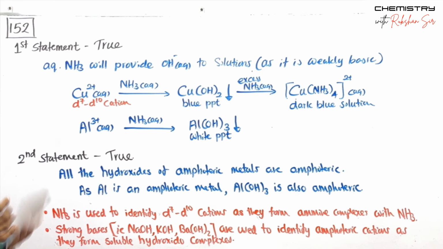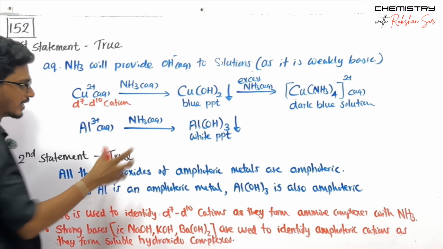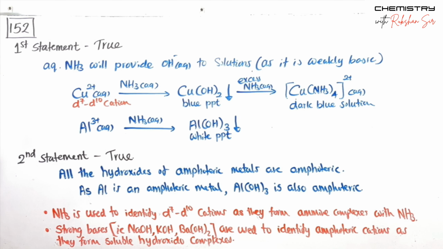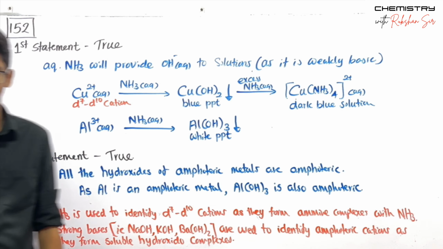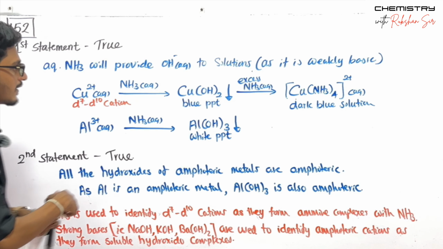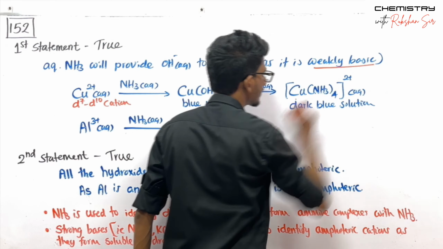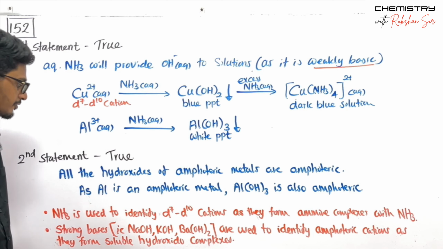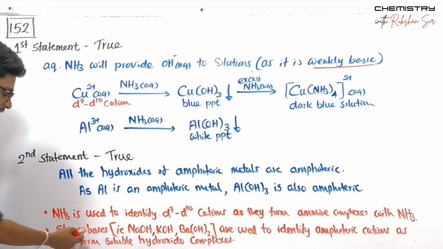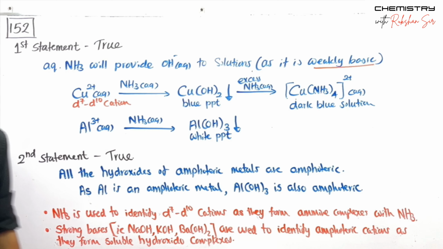So the amphoteric nature can't be identified with the use of NH3. The amphoteric nature can be identified with the use of a strong base, not a weak base like NH3. This is weakly basic, so it is not able to identify the amphoteric nature. I think you got the idea, right?